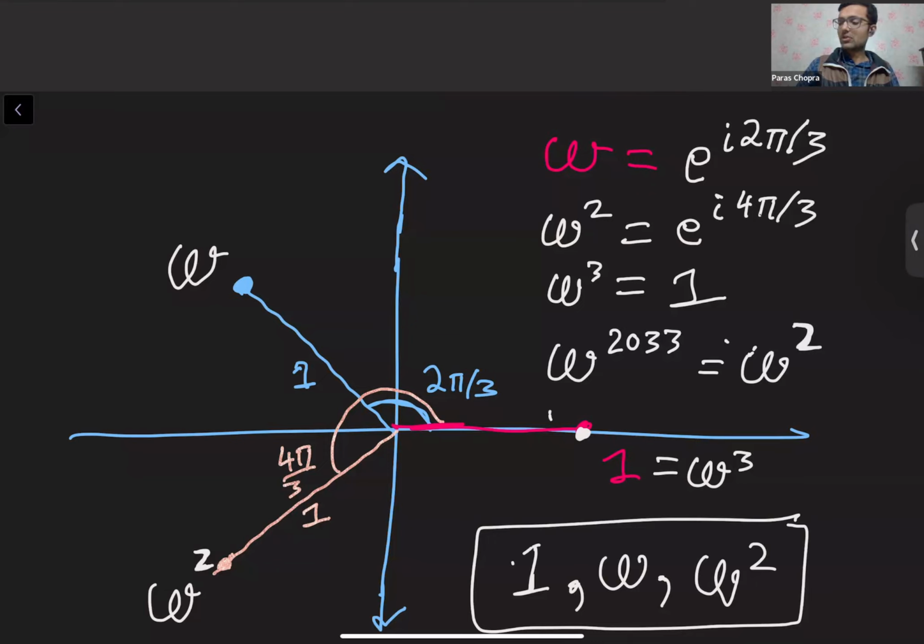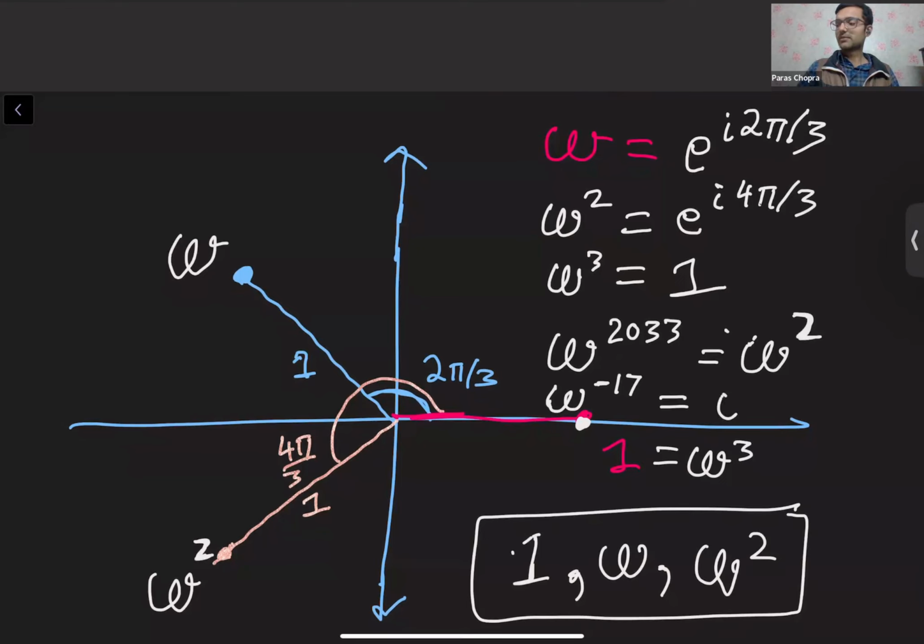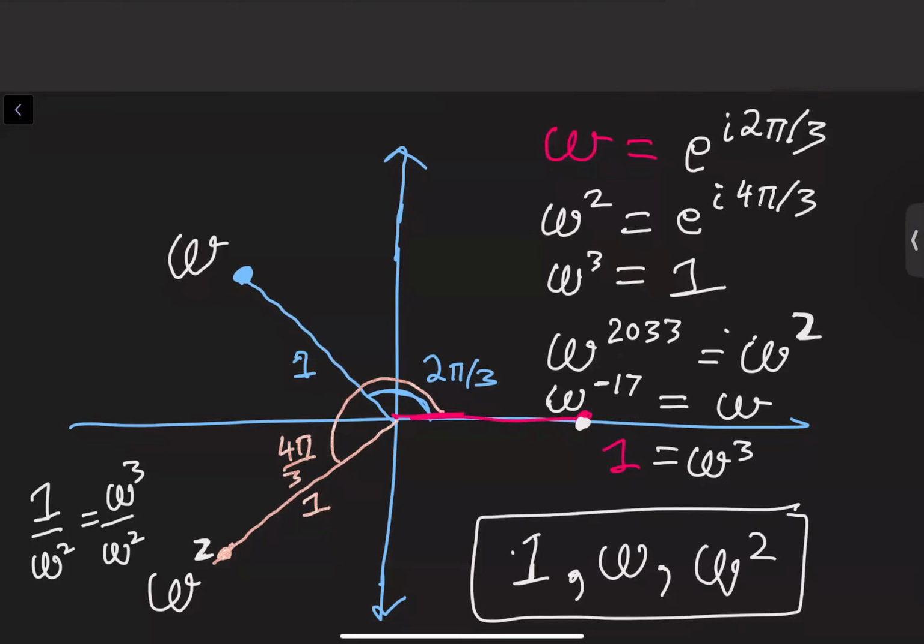What will be the value of omega to the power negative 17? It is omega. So 1 by omega square को आप लिख सकते हो omega cube divided by omega square, because 1 is the same as omega cube, and this is equal to omega.